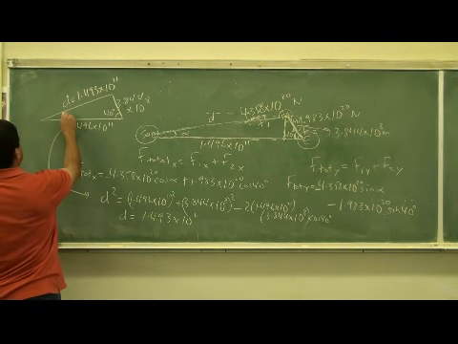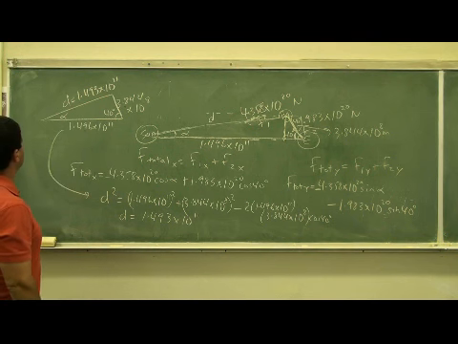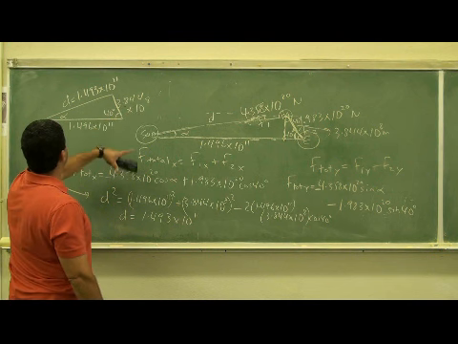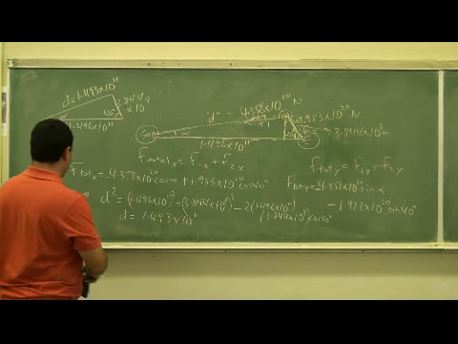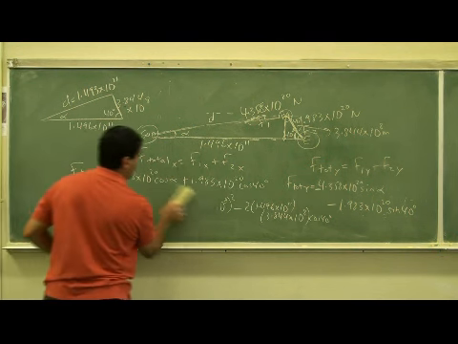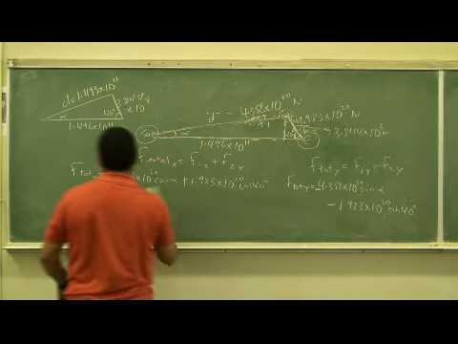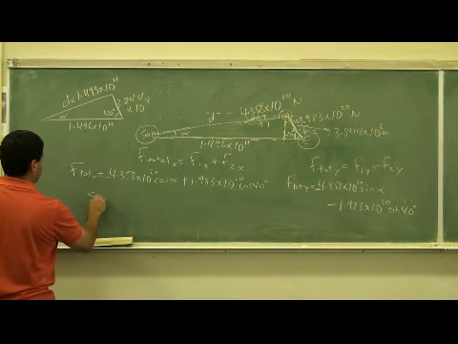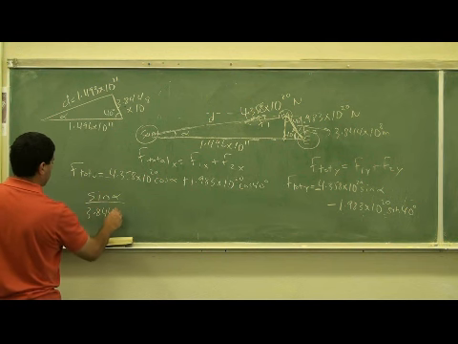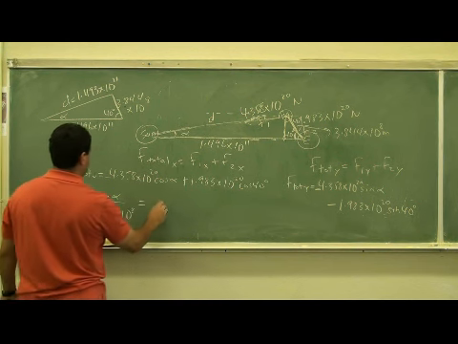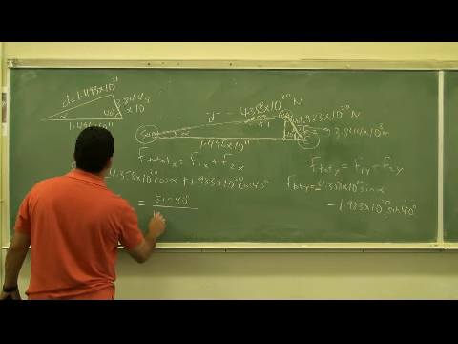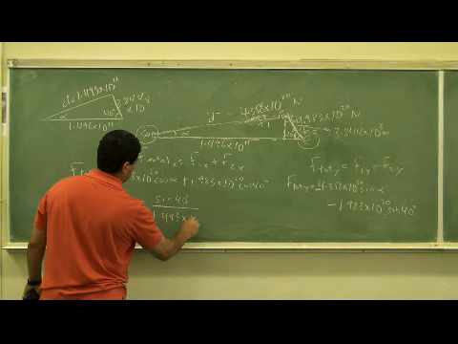Okay, so from here we could calculate alpha, right? We could use the law of sines here: sine of alpha over 3.844 times 10 to the 8th is equal to sine of 40 over 1.493 times 10 to the 11th.